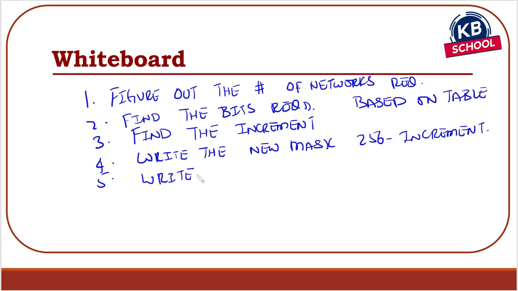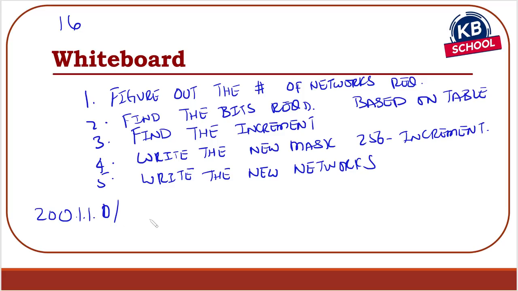Write the network or new networks. And how did I do it? Based on increments. So let's say my increment was 16. Let's do a Class C. 0 would be my first network.